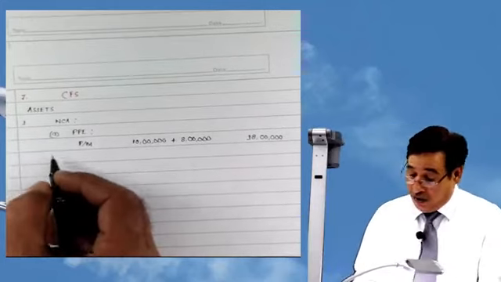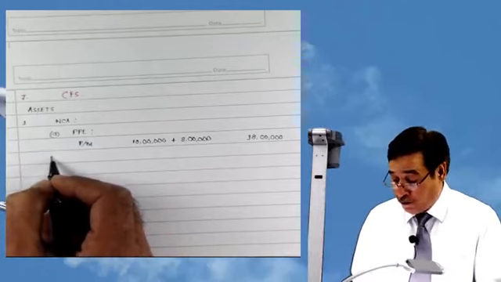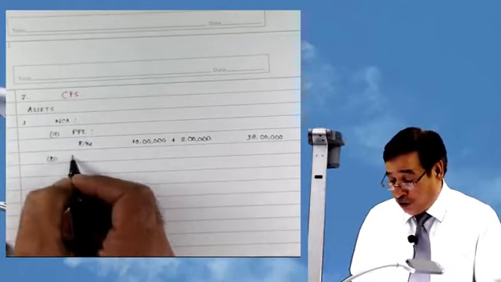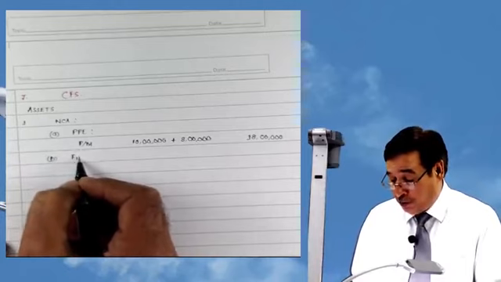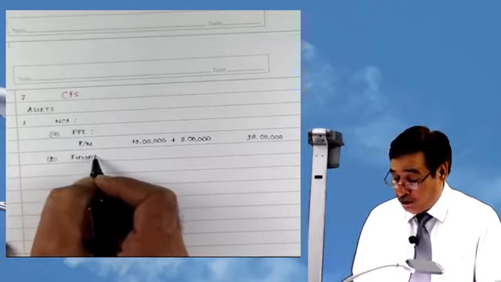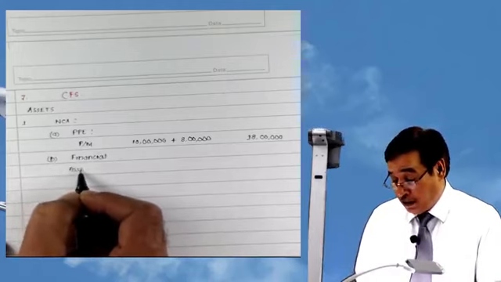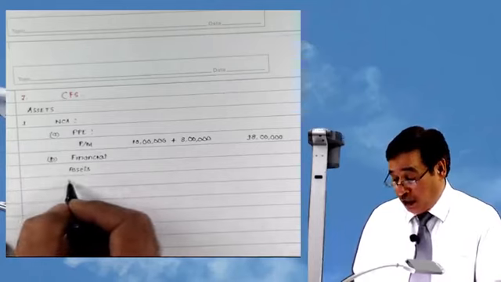Now, then we have in this case financial assets. Division 2. We are following. Remember one thing. Under the financial assets, as you can see, there is investment.